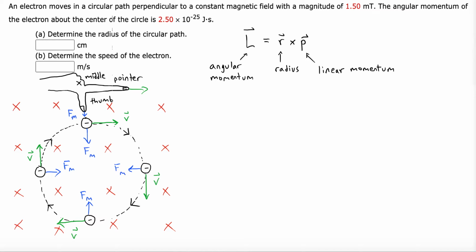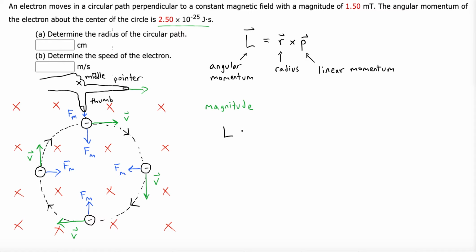R and P are always going to be at 90 degrees with each other here. So if we find the magnitude of the angular momentum, that's actually what we were given right here.